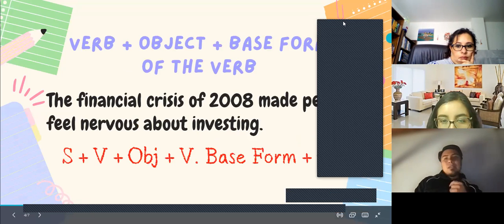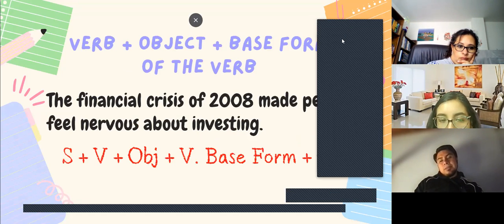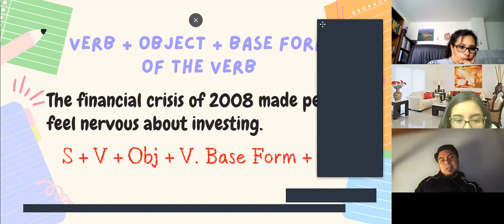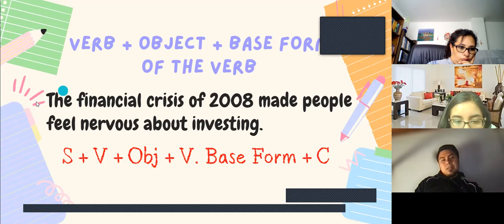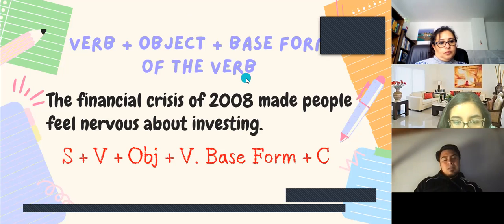Okay, now let's talk about verb plus object plus the base form of the verb. So here we have also an example of one sentence that says, the financial crisis of 2008 made people feel nervous about investing. So let's analyze this sentence. First we have the subject of the sentence, in this case the financial crisis of 2008.